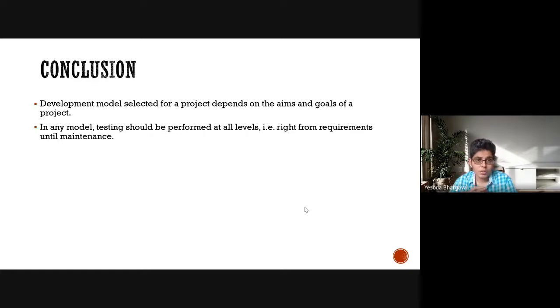And in any model, testing should be performed at all levels. By testing, it doesn't mean testing only the prototype, but validating what you are doing, being critical about what specifications you are specifying, so that in the long journey of software development, the errors are minimized over the period of time.